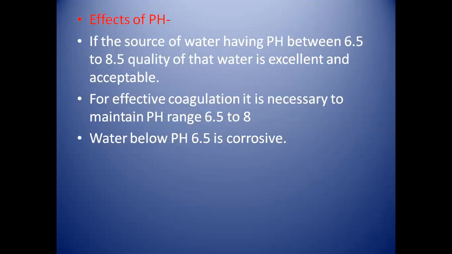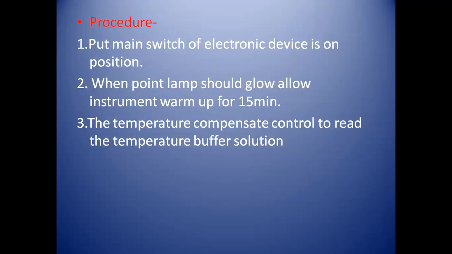First, see the procedure to find out the pH of water. For that, we have one pH meter. We have to switch on this pH meter, and then the lamp of the pH meter glows.